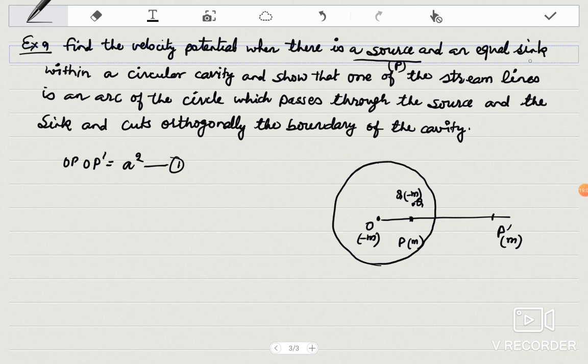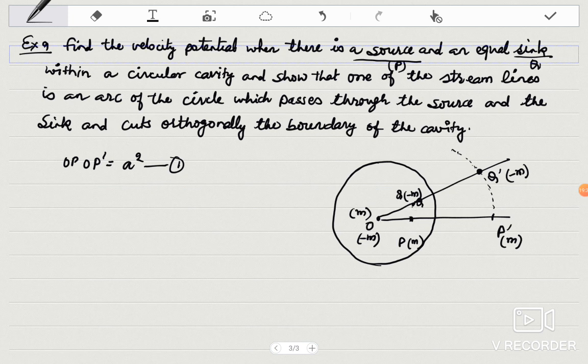And an equal sink, so this is at Q. Because there is a sink at Q, by the image theory it will have, you draw a line, this will be the inverse point Q dash. Here again there will be a sink and a source at O. This is all due to image system.